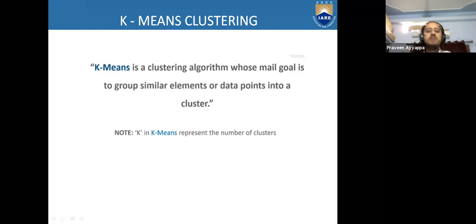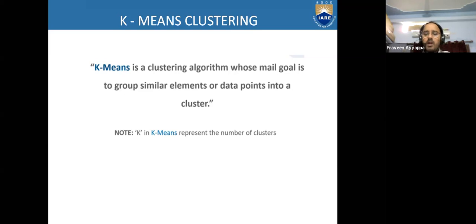You have a database D consisting of m different objects, and by making use of K-means clustering, you decide into how many clusters you can divide these m objects. You need to know k in advance in order to implement this partitioning algorithm. That is the criterion of this one.